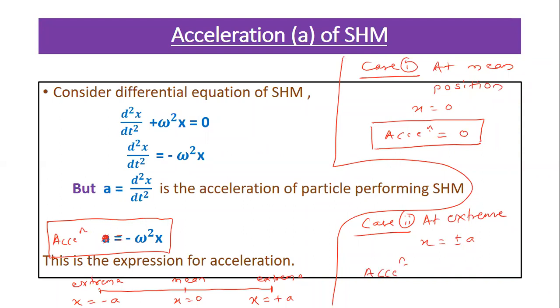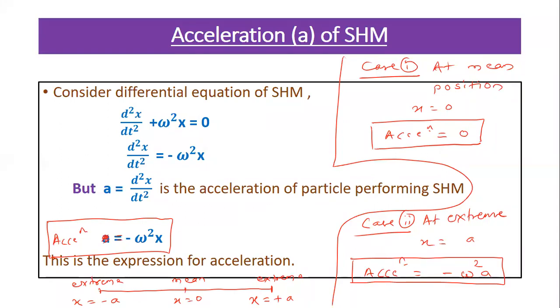I use a positive value here, since plus minus indicates only the direction. So x is equal to a, and we get acceleration is equal to minus omega square a.